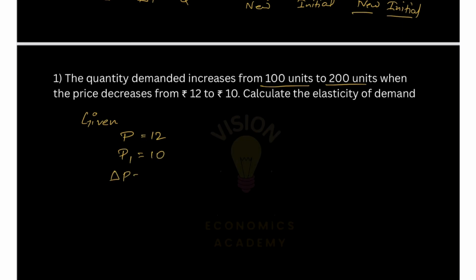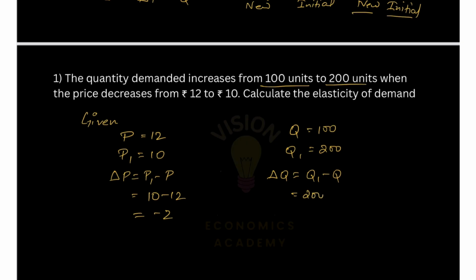So change in price is P1 minus P, that is 10 minus 12, which is minus 2, right? And quantity initially was 100 units, then it became 200 units as the price fell. Now the change in quantity is Q1 minus Q, that is 200 minus 100, which will give us 100.